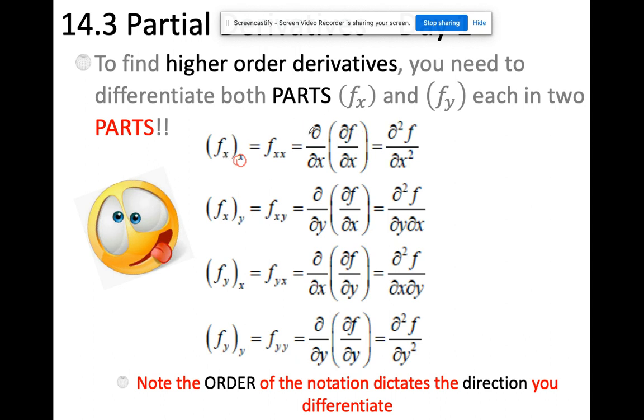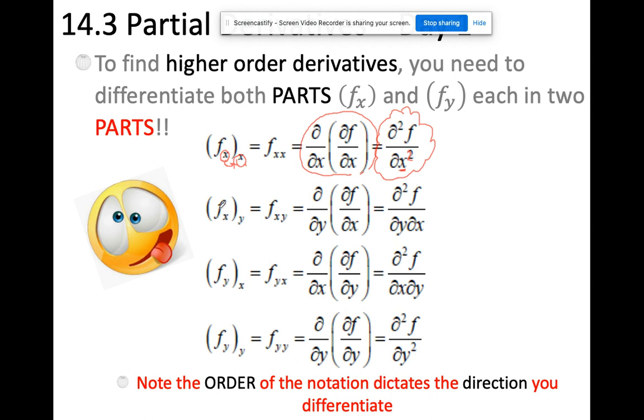It is also in del notation written not this way. You don't see it this way, but you do see it this way. Notice it's here, the second derivative with respect to x. In this notation, here's what you're looking for. First I was taking the derivative with respect to x, and then I'm taking it with respect to x again.